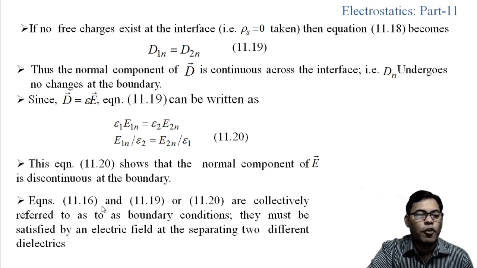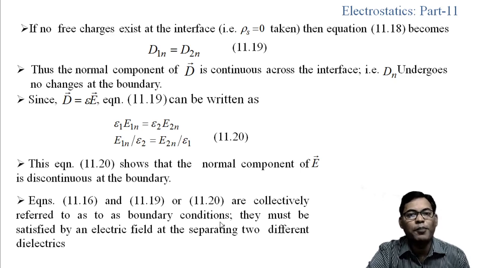So equation 16 to equation 19 or equation 20 are collectively referred to as the boundary conditions, and they must be satisfied by the electric field as it is separating two different dielectrics.